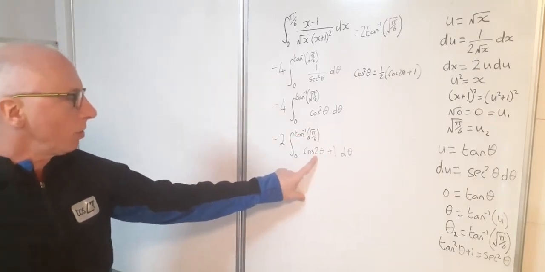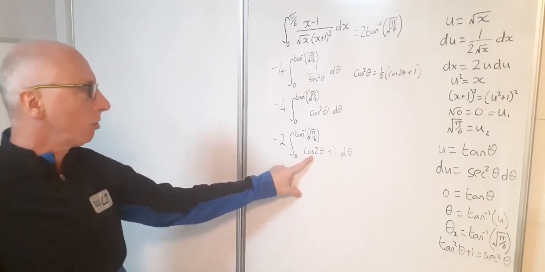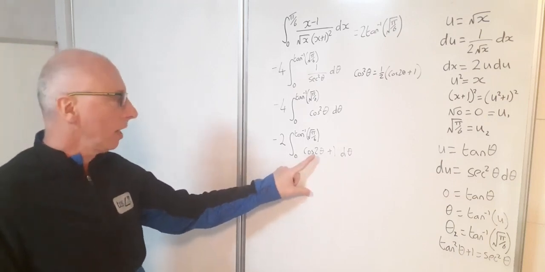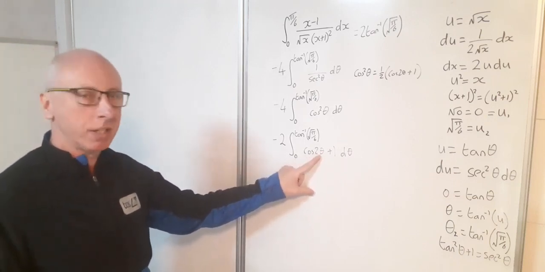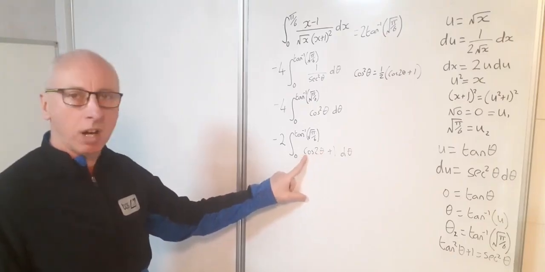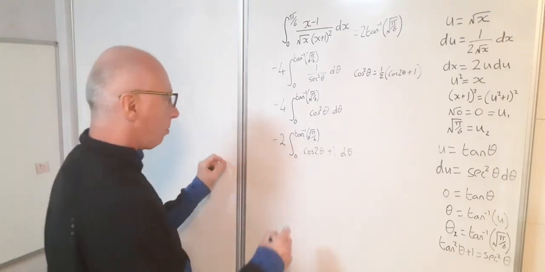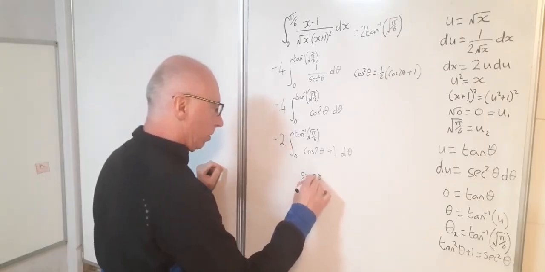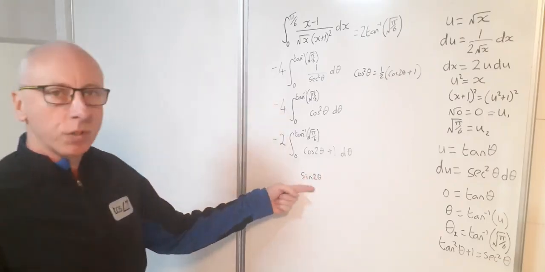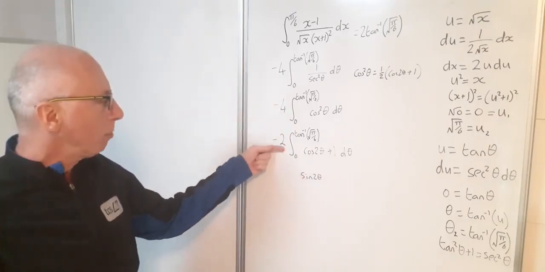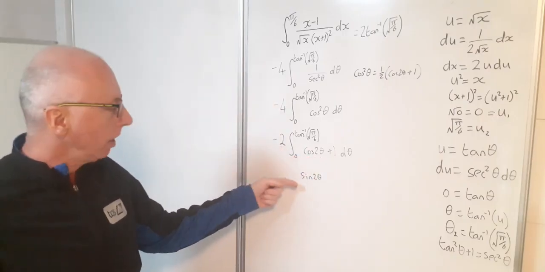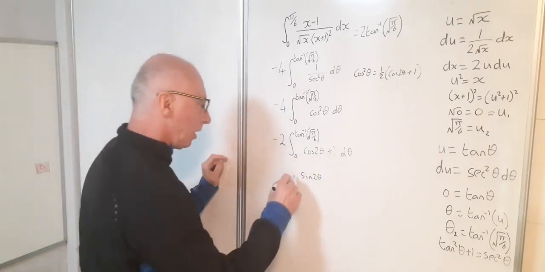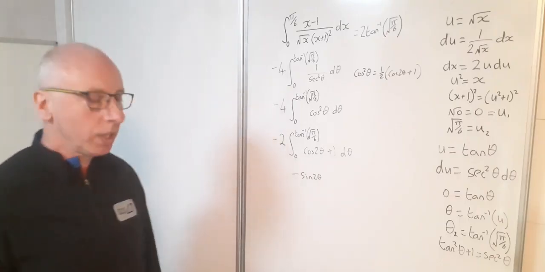So cosine 2 theta: the integral of cosine is sine, and with the 2 theta, by the reverse chain rule, I need another half in there. So the integral gives me sine of 2 theta over 2. But now I've got this -2 to distribute in here, so that just becomes minus sine 2 theta.